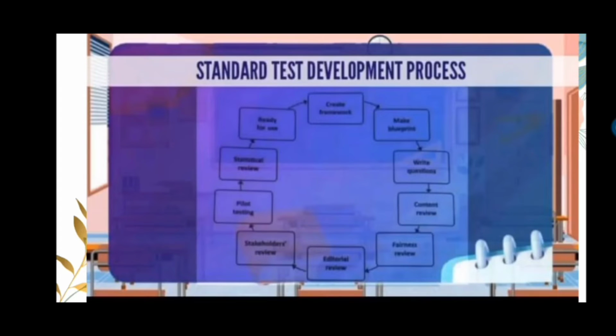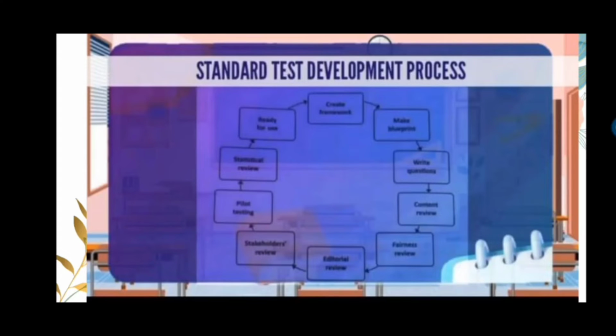There are five reviews. First is fairness review, second, editorial review, and stakeholders review, and field testing, and structural review, and the last is ready for use.